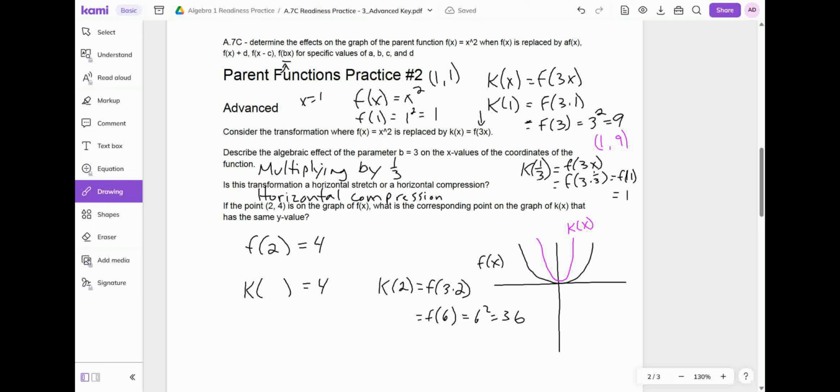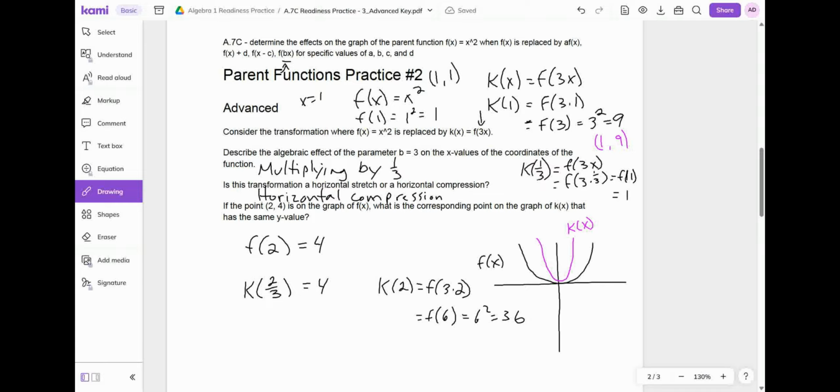Well, remember, it's being multiplied by 3 before anything happens. So what you end up having to do is invert it, right? So you have to take that 1/3. But since we're sticking a 2 in there, what we need is 2/3.